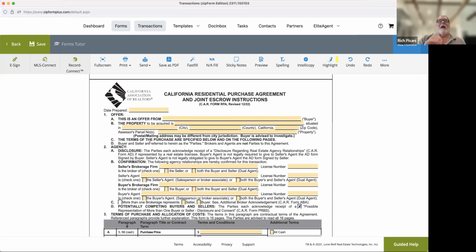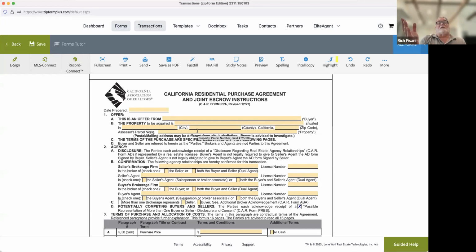The buyer would be that entity, so just make sure that's clear. The property acquired is basically the address, and then you add the parcel number. If you don't know where the parcel number is, you do a quick search.